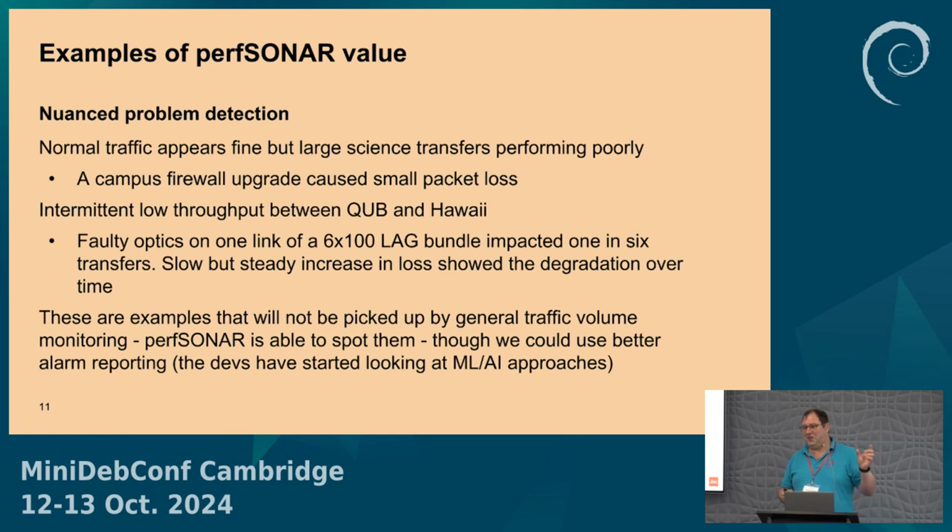And the periods when it was abysmal got worse and worse and worse. And it turned out that one of the 6 lasers in a link aggregation was a bit iffy. And once that was replaced, bliss, it got an enormous amount better.